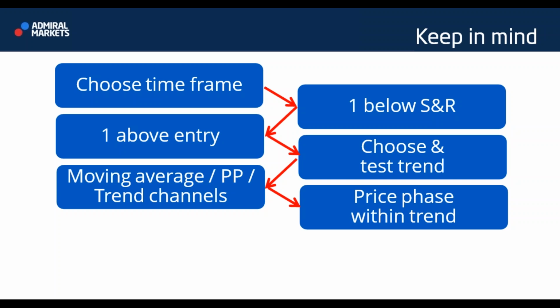So at the start, at least, I would choose 1 or 2 time frames that you use for trends. So that could be scanning many pairs, but focusing on, let's say, 1 and 4 hour charts for trends.